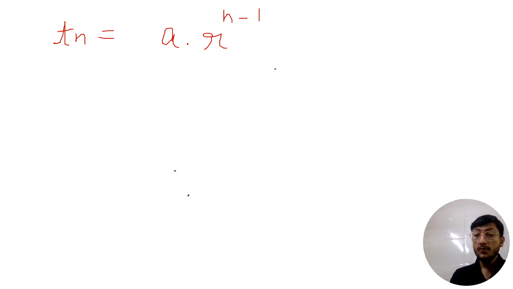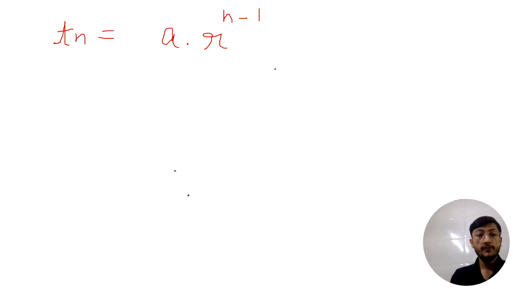If I'm talking about the sum, how can we calculate the sum of GP? As you know, to calculate the sum we have to memorize the formula. But if you are not interested in memorizing the formula, I give you one trick.